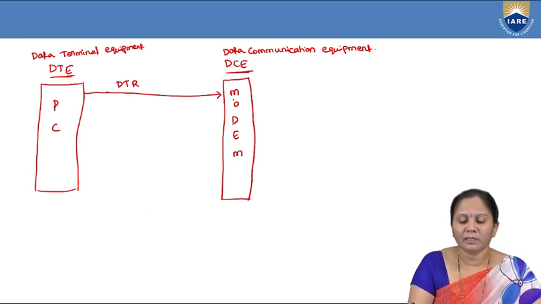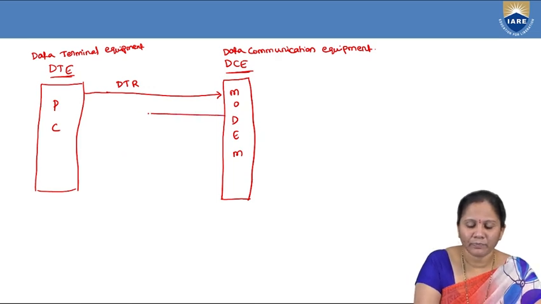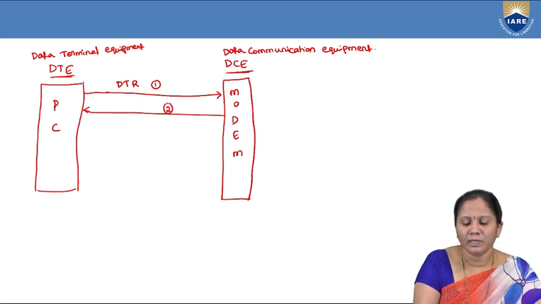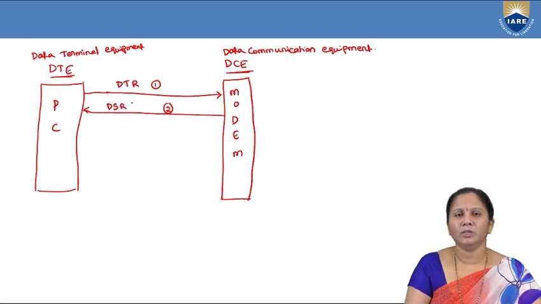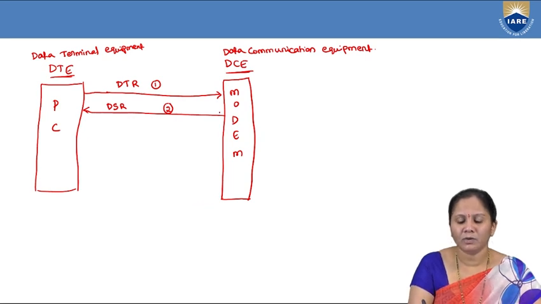After the data terminal ready signal is received by the modem, the modem is going to assert one signal to the PC. So this is the first signal. After receiving, it is going to send the signal to the PC. That signal is DSR. DSR stands for data set ready. So these are handshaking signals.